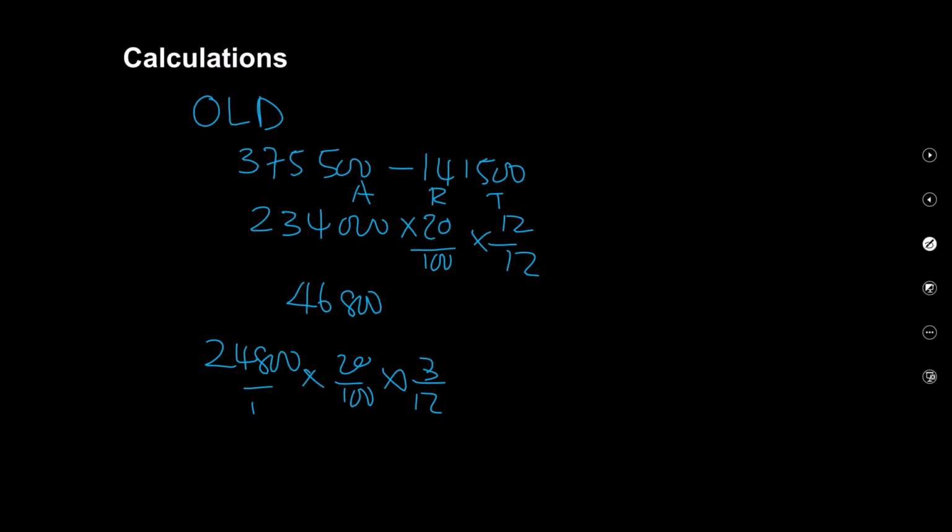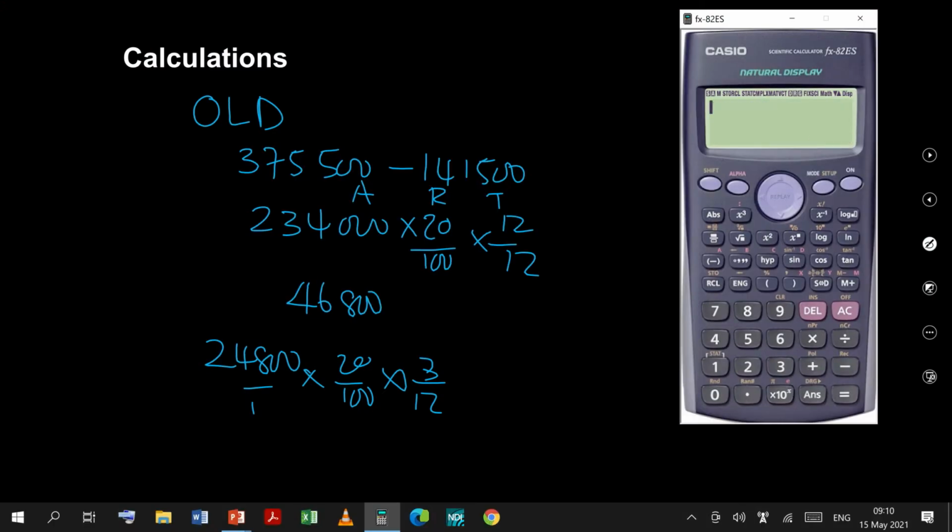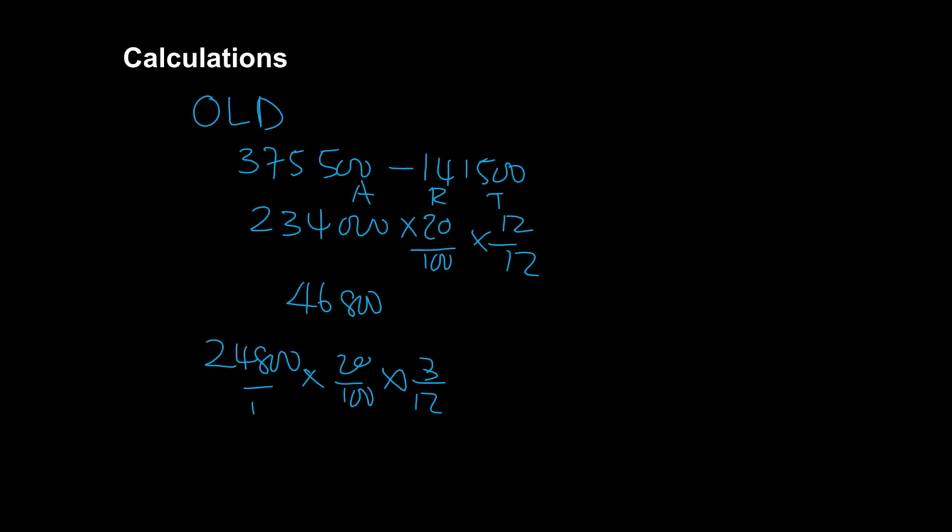The 24,800 was the new equipment that we purchased, times 20%, which is my rate of depreciation, times 3, divided by 12, and that will give me a figure of 1,240. This is now my depreciation on my new equipment.